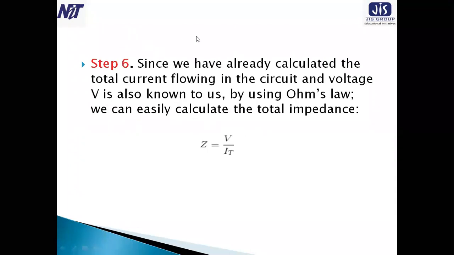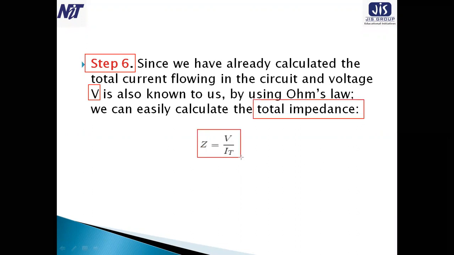Now step 6. In step 6, since we have already calculated the total current flowing in the circuit, IT, and we know the supply voltage is V, by Ohm's law we can easily calculate the total impedance. So what will be the total impedance? This is only Ohm's law; using Ohm's law we can solve different types of problems.